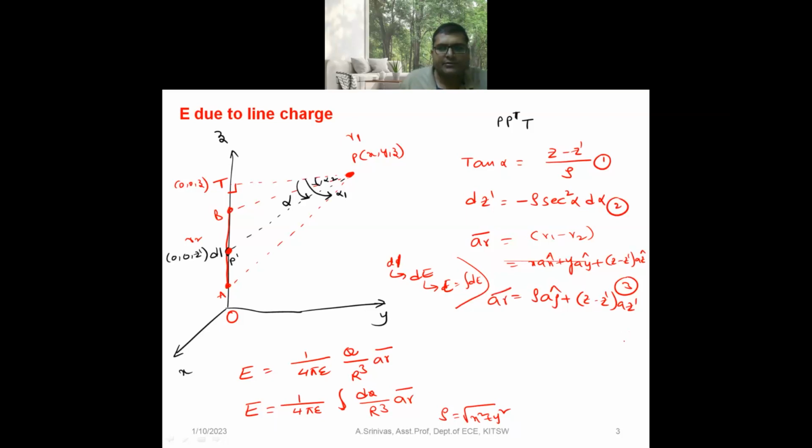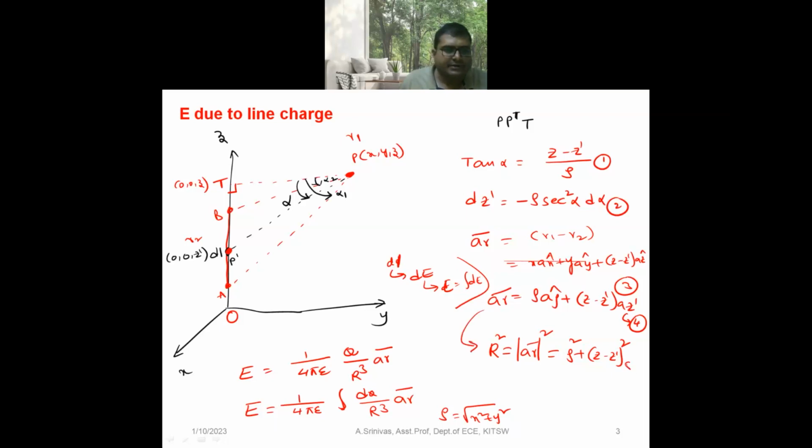Let it be equation number 4, and now r square is equal to modulus of ar bar square is equal to rho square plus z minus z dash square from this equation.